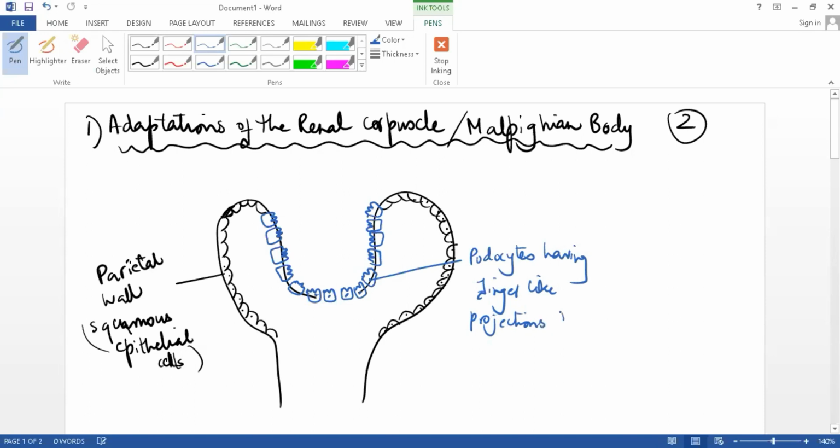Having finger-like projections and gaps in between called slit pores of podocytes.